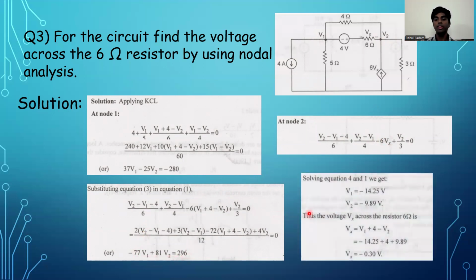And on further simplification, we get V1 as minus 14.25 and V2 as minus 9.89 volts. Now, Vx can be determined as V1 plus 4 minus V2. That is minus 14.25 plus 4 plus 9.89, which is minus 0.30 volts.